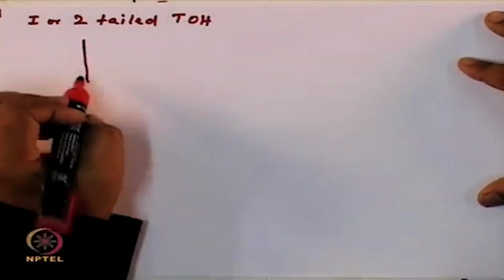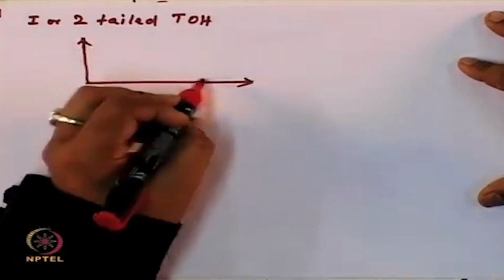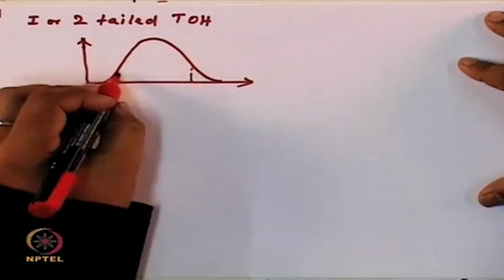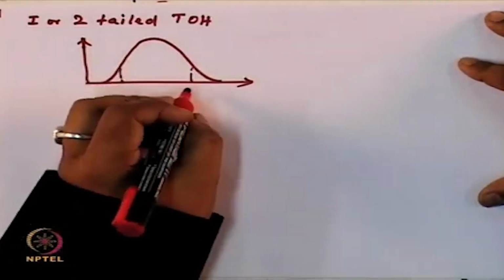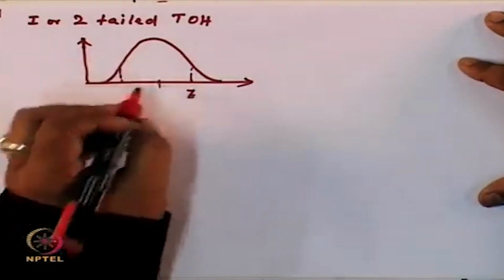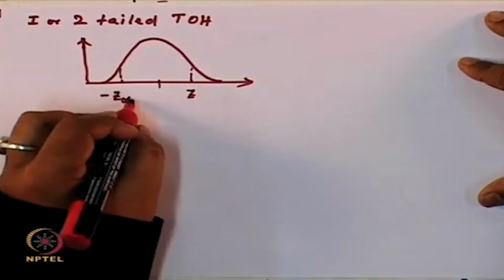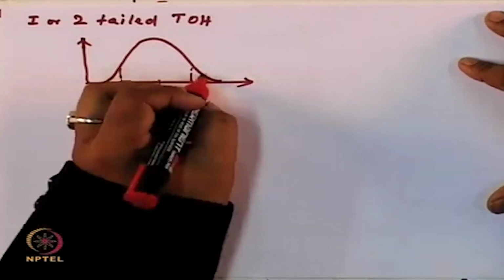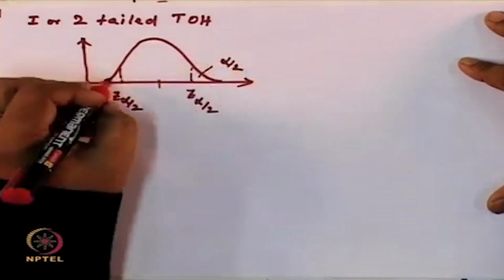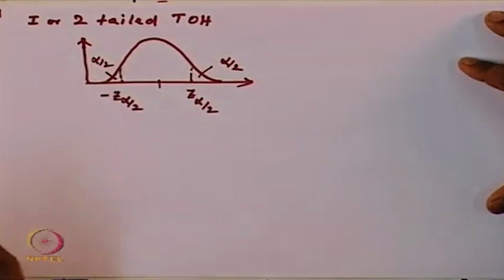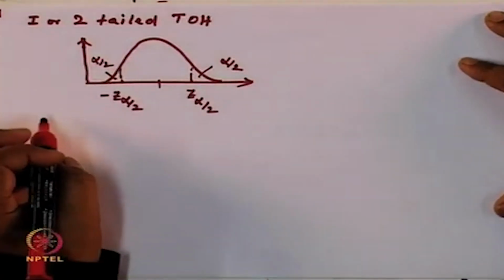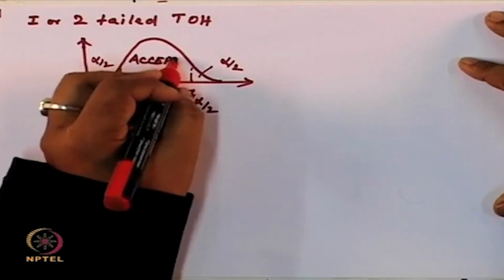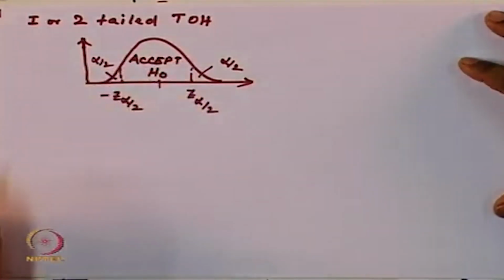In a two-tailed test of hypothesis, depending on your confidence level alpha, you determine this value of z, which is z alpha by 2. The area under the curve here is alpha by 2, and this is alpha by 2. Accordingly, this is the acceptance region for H naught, whatever your null hypothesis is.